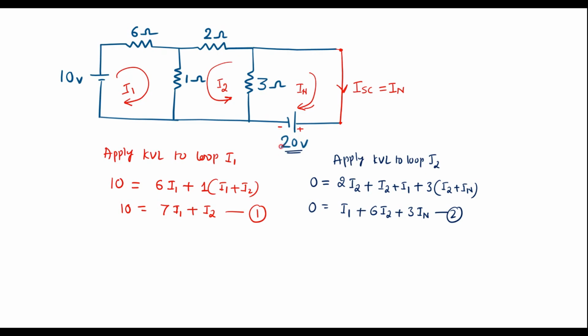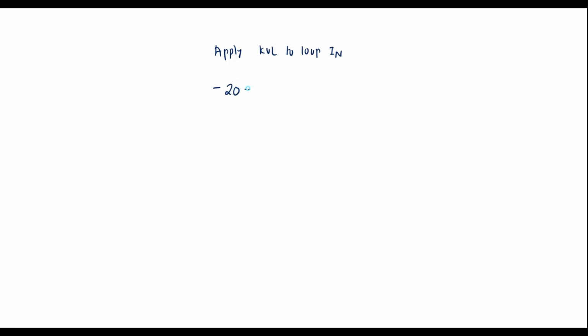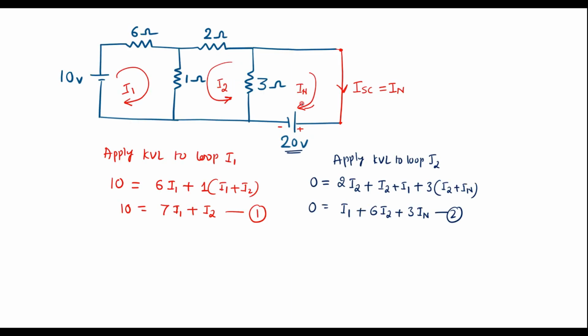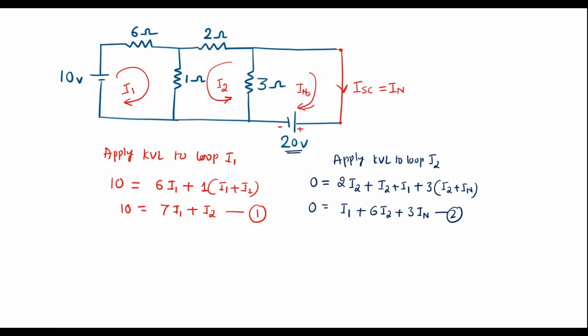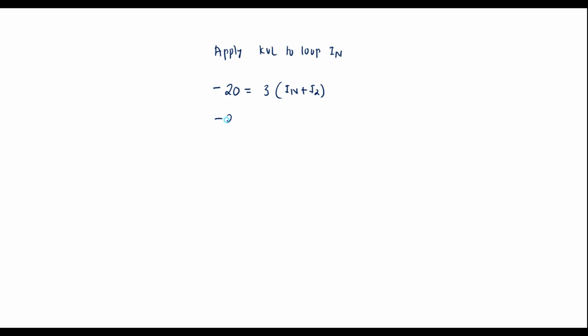Here it will be minus 20 is equal to, because current direction is like this, voltage across 3 ohm is 3 into IN plus I2. So let me simplify, minus 20 equal to 3I2 plus 3IN. Let me call it equation 3.